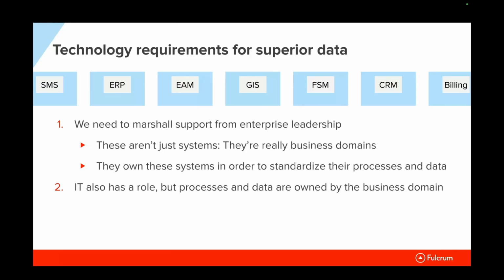Now, a lot of people look at this list of acronyms and say, well, that's IT. And that's not entirely true because IT definitely has a role, and it is a very important role, but the processes and data inside each of these applications is really owned by the business domain. The business domain, the person who runs asset management, says to IT, I need the following integration to occur. Please help me. And IT will execute on that requirement.